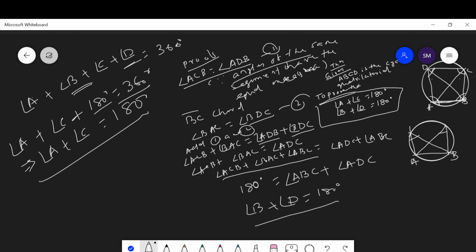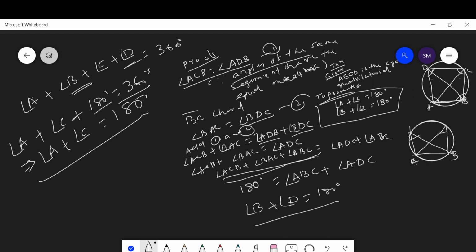Then add equation 1 and equation 2 on both sides. Here we get angle ACB plus BAC is equal to angle ADC. Then add angle ABC on both sides. By adding angle ABC on the left side, we get the three angles of a triangle. As we know, the sum of three angles of a triangle is 180 degrees.